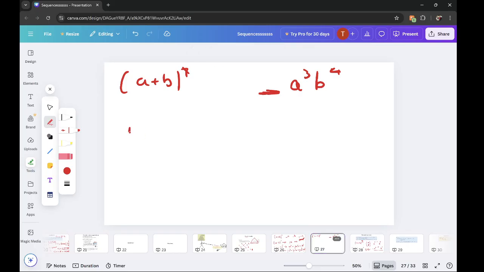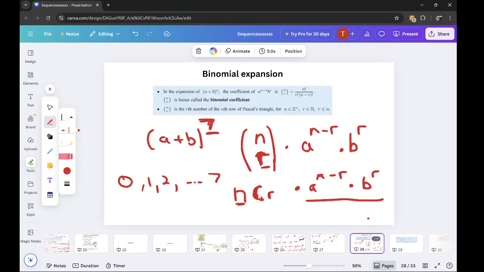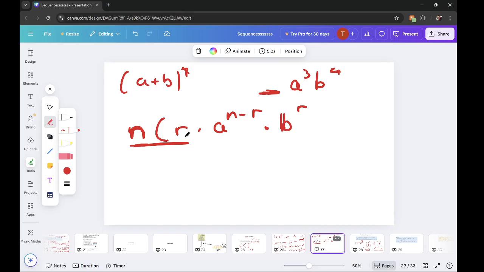So let's write down our formula for the binomial expansion: n choose r times a to the power of n minus r times b to the power of r. That is our binomial expansion. I don't want you to worry about this just yet. I explained this in detail just so that you can understand what this represents. It's the coefficient. We know that a has to be to the power of 3 and b has to be to the power of r. Now we need to represent that here.